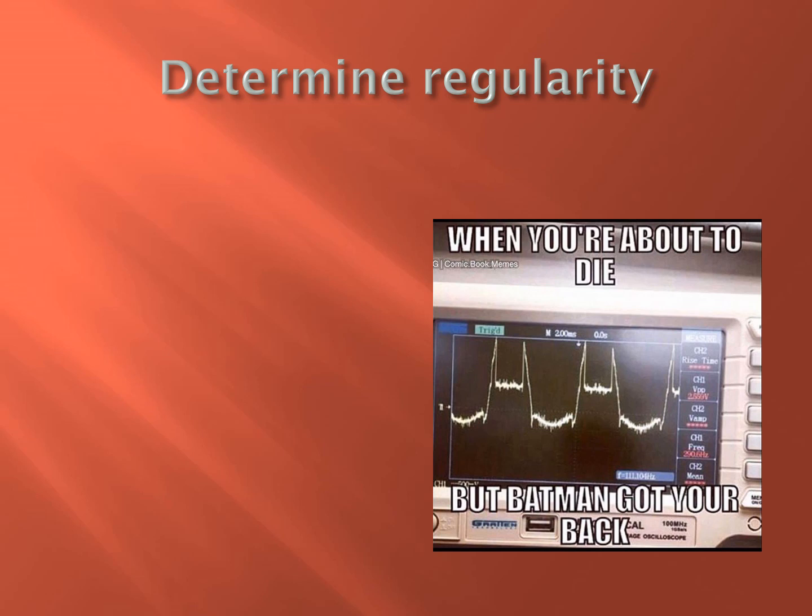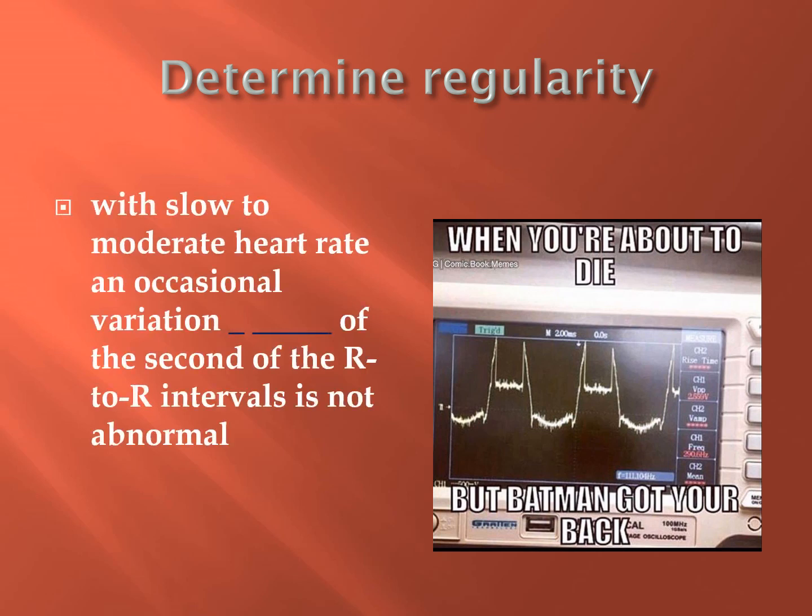So that's one thing you're going to look at in determining regularity: the R to R. With a slow to moderate heart rate, occasional variation of 4/100ths of a second in the R intervals is not abnormal. If there's 4/100ths of a second difference between R to R in one area and R to R in another area, that's within normal limits.